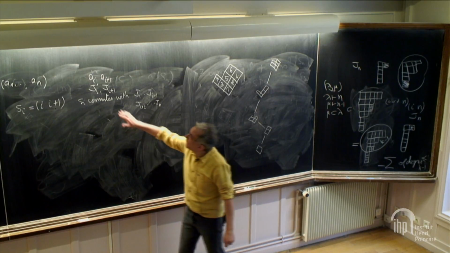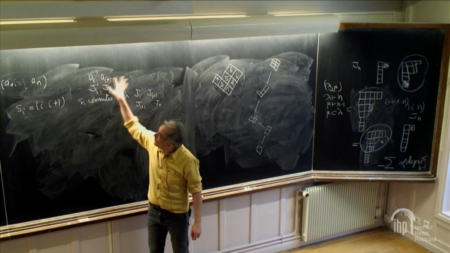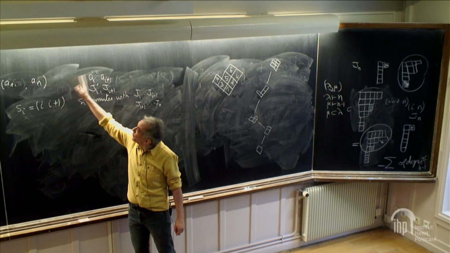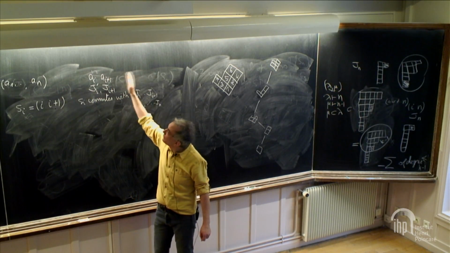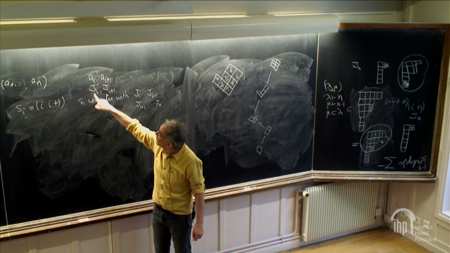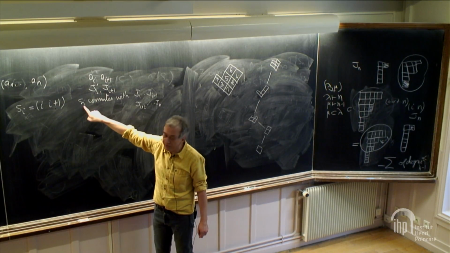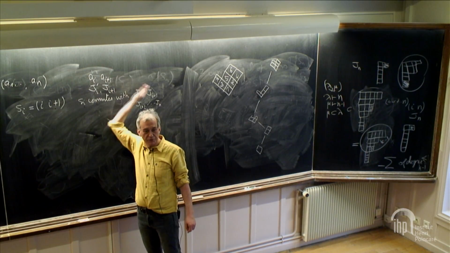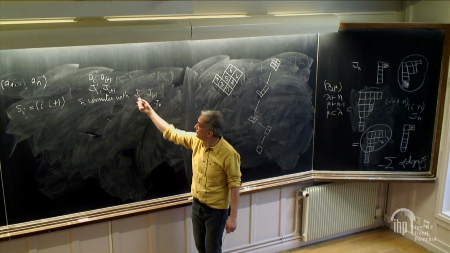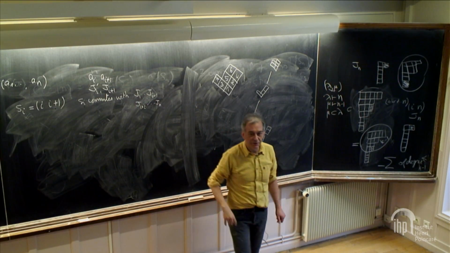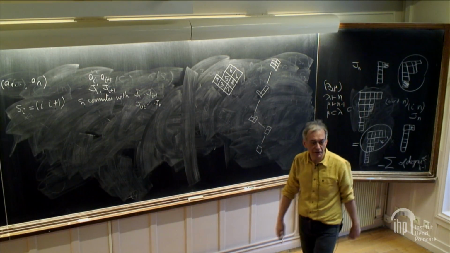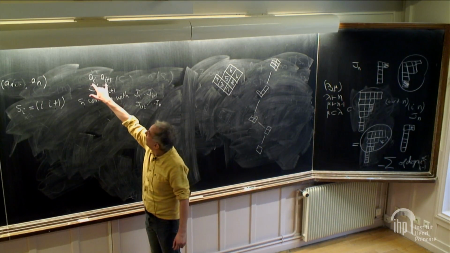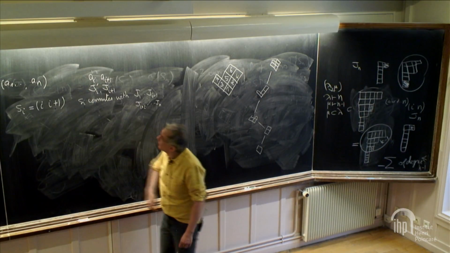So in particular, if I look at a sequence A1, ..., AN, I look at these two numbers, I can forget about everything which is on the left and on the right if I look at the action of just these three elements, Ji, Ji plus 1, and Si. Okay? Because they will not change anything on the left and on the right, because they commute with all these operators. So they will leave invariant all their common eigenvectors. Okay? So I can concentrate on looking at what happens here.